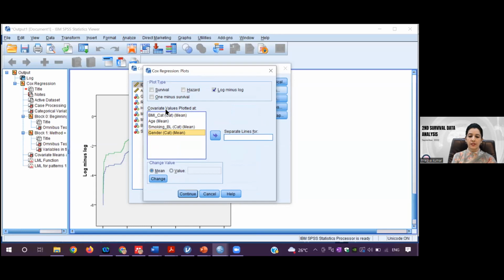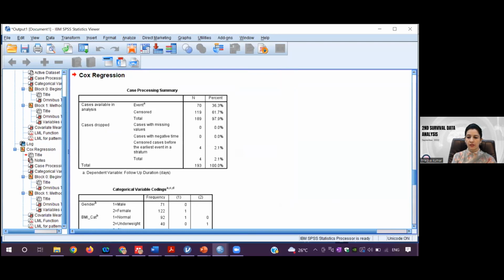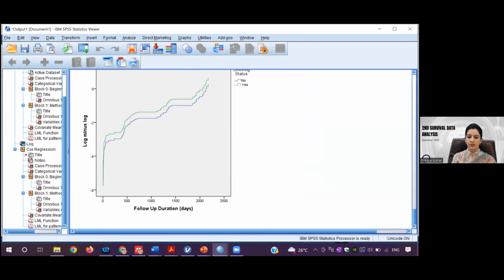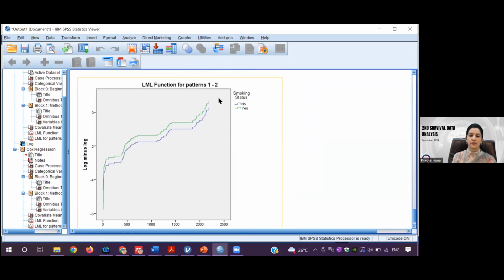It is not for the continuous. So here I can enter this, press continue and OK. If I see this for smoking status, then what is your assumption?